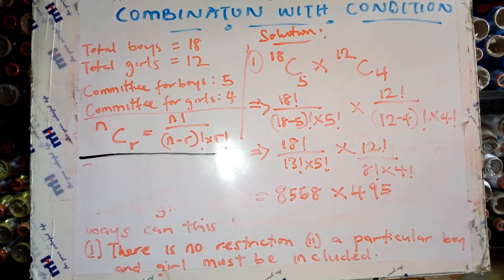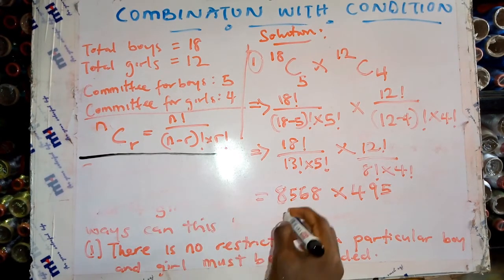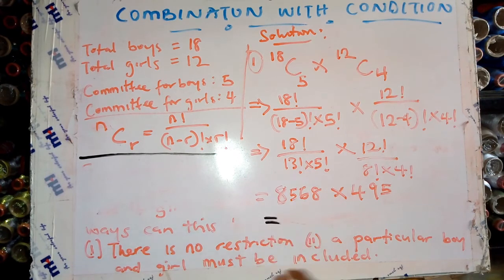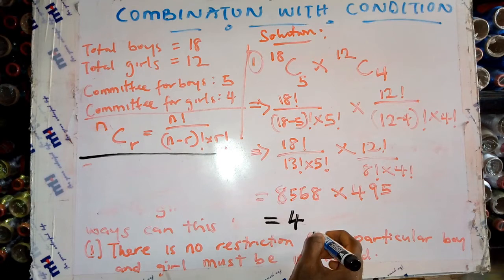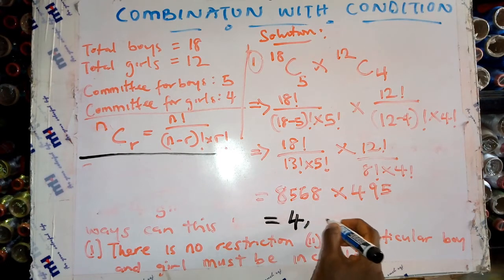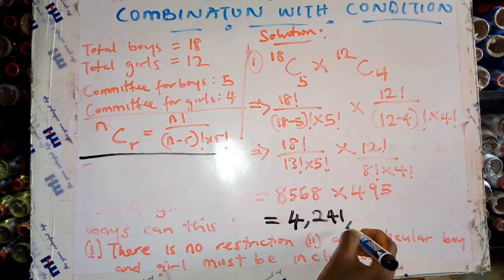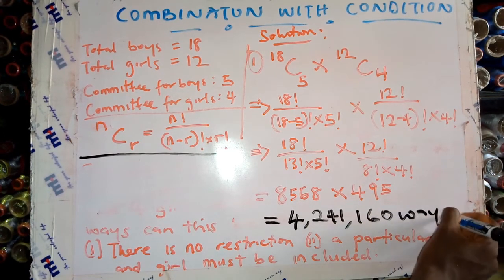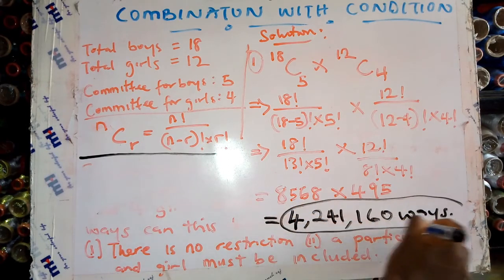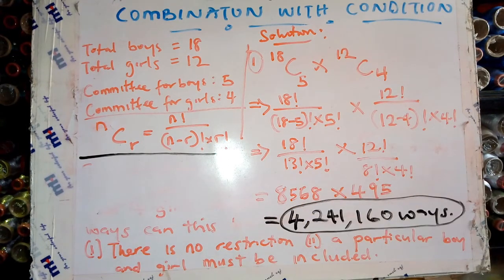By the time you multiply 8,568 by 495, that will give us 4,241,160 ways, and that is the answer when there is no restriction.